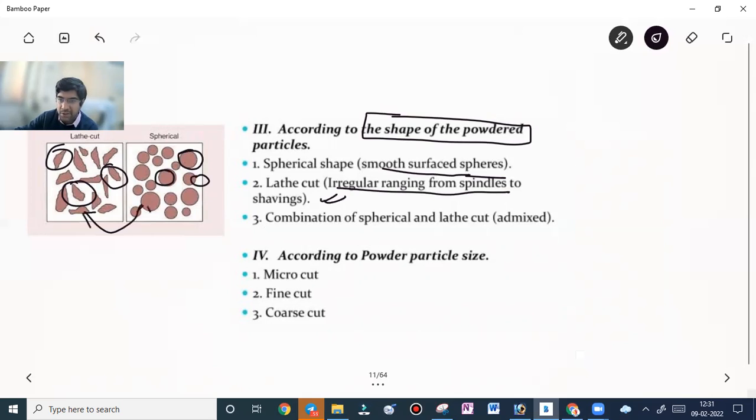When we have a combination of these two, it is known as admixed alloy. The classification according to powder size could be micro cut, fine cut, or coarse cut.